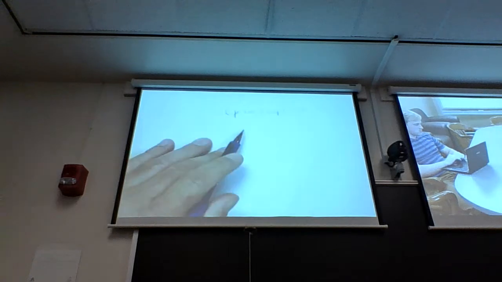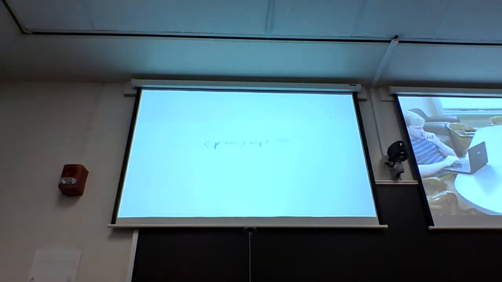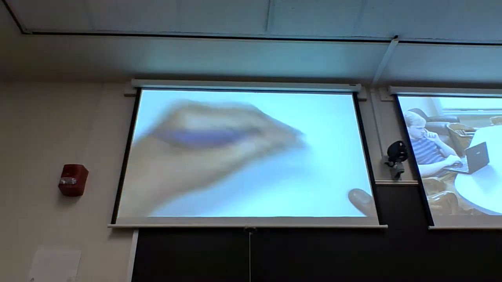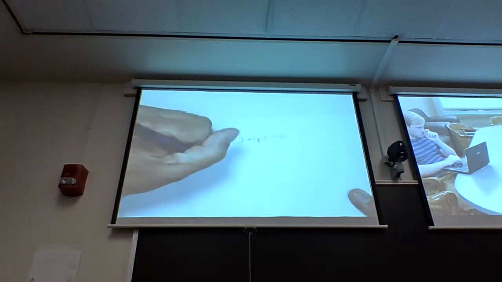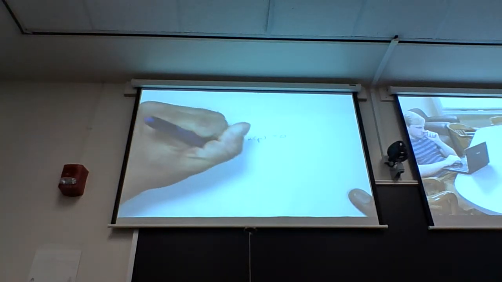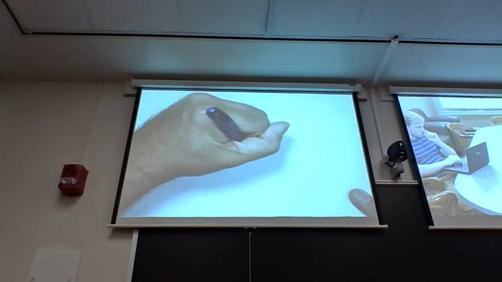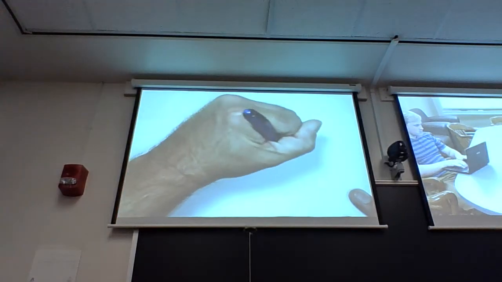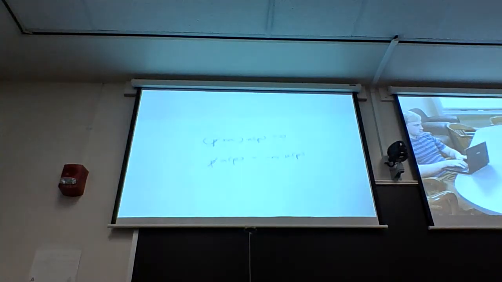If you remember back when we were first deriving these spinors, we wrote down a relationship like this. So if I move the m term to the other side, p slash operating on u of p gives me minus m u of p. I think I did that algebra right.